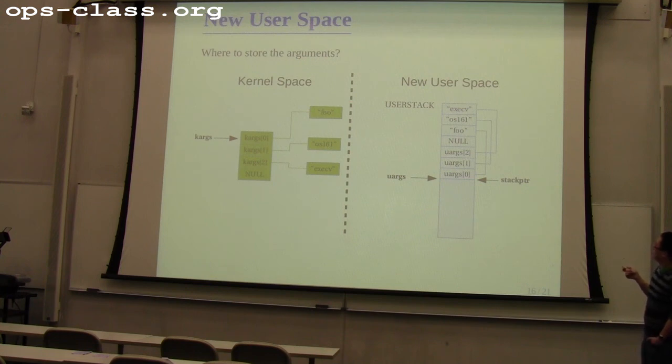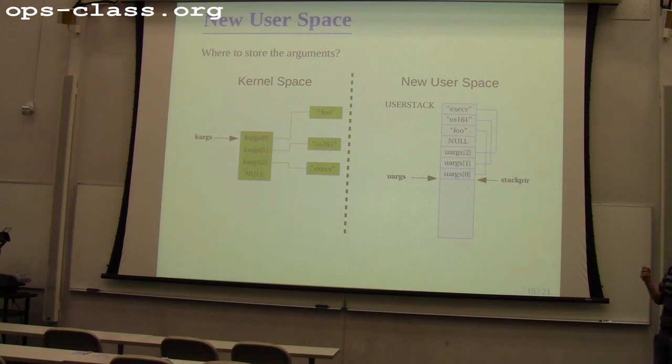It doesn't matter because the enter user process takes at least two arguments, right? One of them is argv, basically the start address of the pointer array, and another is stack ptr. So when you create the address space, the stack pointer is at the very top of the user space, which is 0x80000000 in OS161.